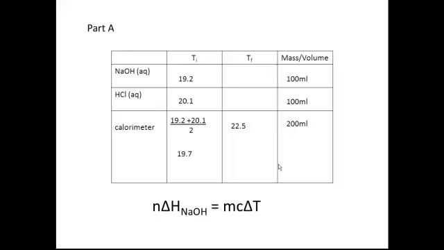Now the fun part in part A is determining the number of moles for sodium hydroxide, because we don't have a mass here, so we can't use mass divided by molar mass. What we're being given in our lab is the concentration, and they tell us that the concentration of our aqueous sodium hydroxide is 0.500 moles per liter.